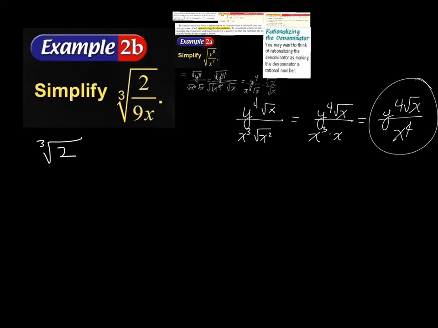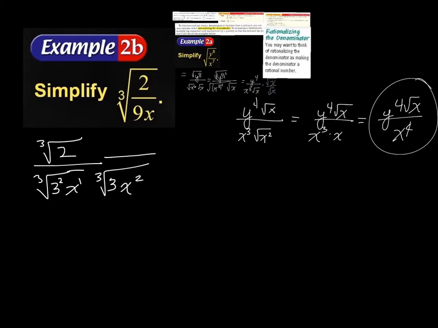So we have the cube root of 2 over the cube root of, okay, I'm going to rewrite that 9 as 3 squared because I want to point out I want to get the cube root of something cubed. So in order to get that, I'm going to need another factor of 3 and 2 more factors of x.